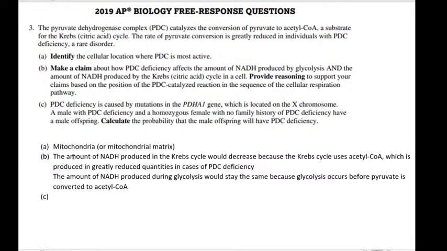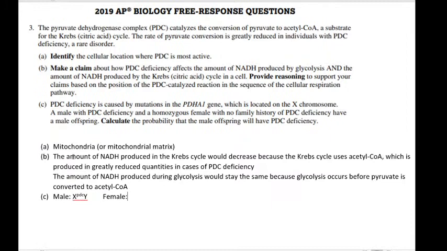So in this case, what we're looking at, if a male has this trait, his genotype would be X with a lowercase PDC gene, and he's got a Y chromosome for the other.